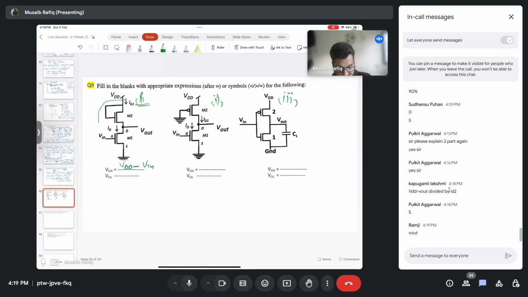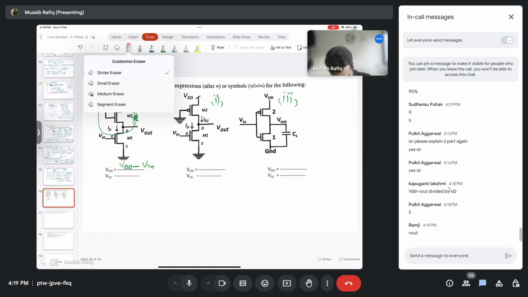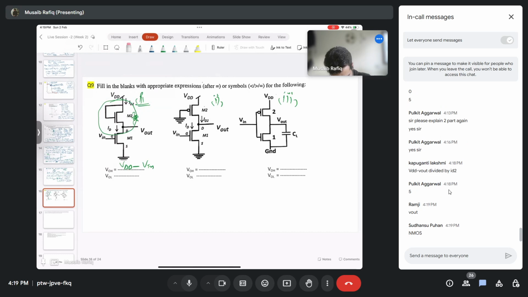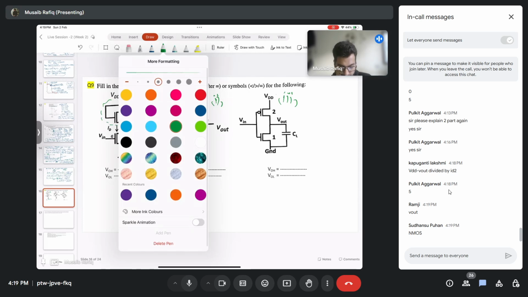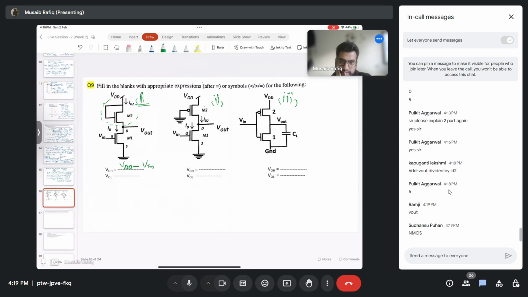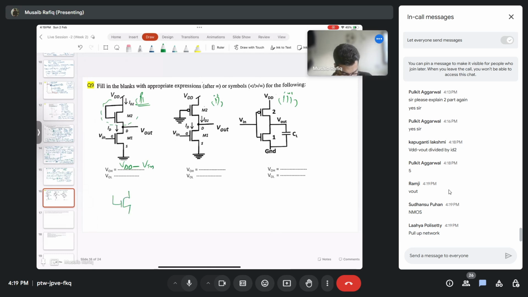Can anyone tell me what this is? Yeah, I know it's NMOS, but this particular configuration has a name. A pull-up network is fine, but let's not confuse you.